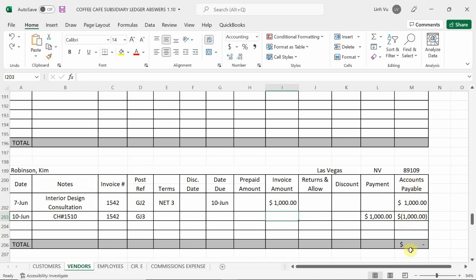But at the end of the day, we're looking at what I owe Kim in general. I made the association that I paid this bill by linking it, saying this is for invoice number 1542, and it was for $1,000. So again, my grand total in the gray says I no longer owe Kim $1,000 because I paid Kim $1,000.